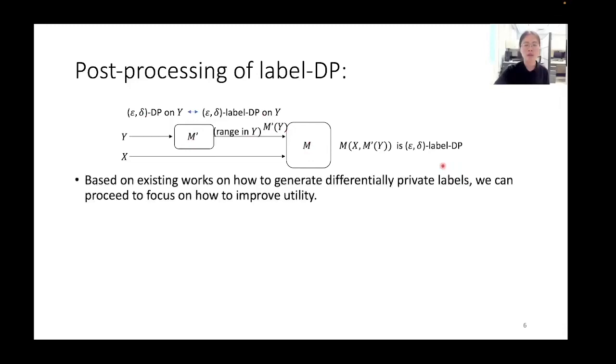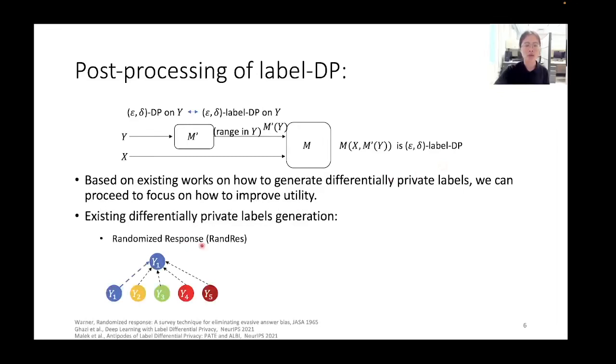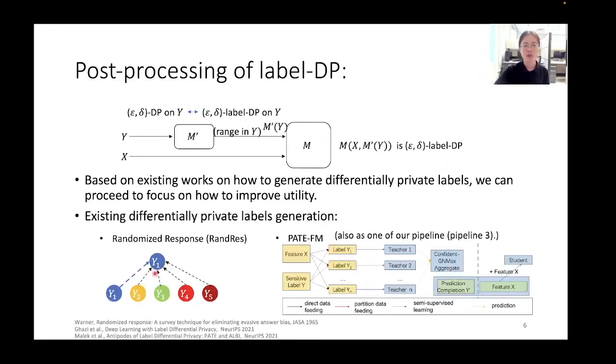Based on existing works on how to generate differentially private labels, we can proceed to focus on how to improve utility. We use two existing differentially private label generation methods. One is randomized response, which probabilistically replaces a true label with a random label. The second one is PATE-FM, which is a variation of the PATE framework.